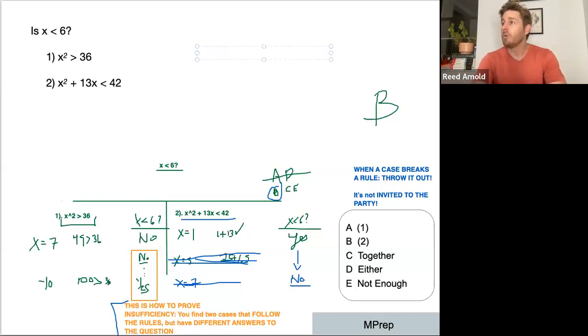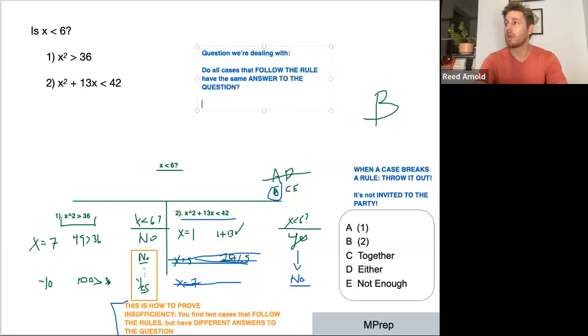The question we're dealing with is, do all cases that follow the rule have the same answer to the question? Not, do all cases that would have the same answer to the question follow the rule?